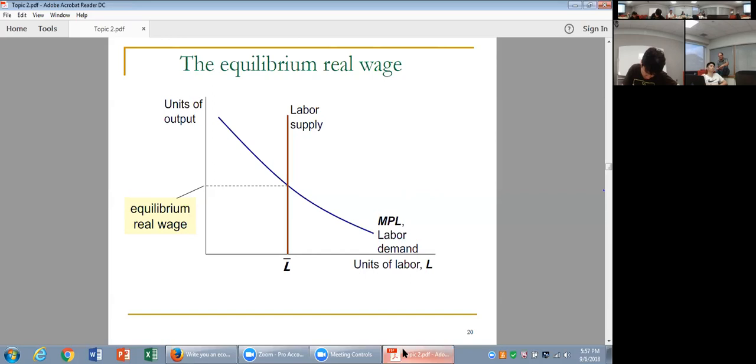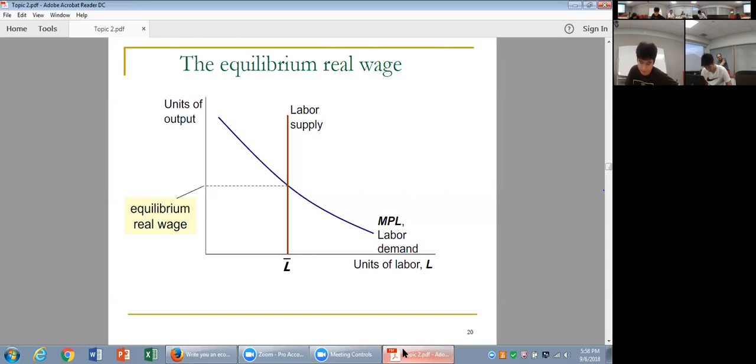In fact, the Marxian side of the story is that workers only get paid enough to show up for work the next day, as little as they can get. It's called subsistence wage. I don't personally subscribe to that, although there are some days I feel like that. It's not generally true, but this is the classical model.